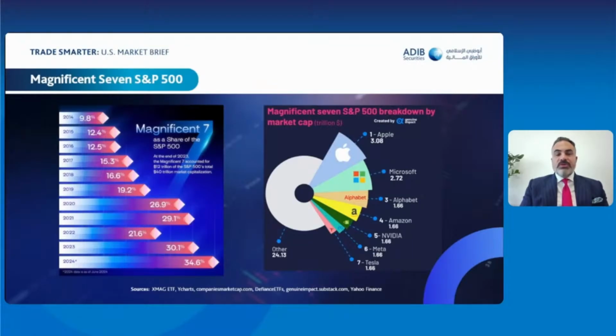So almost 1/3 of the whole S&P 500 in terms of market cap is represented by 7 companies alone, in comparison to 493. So you see this chart on the right side of how large these 7 companies have contributed to the S&P 500. Also, in terms of performance, they represent over 50% of the performance of the S&P in the past 2 years, 2023 and 2024.